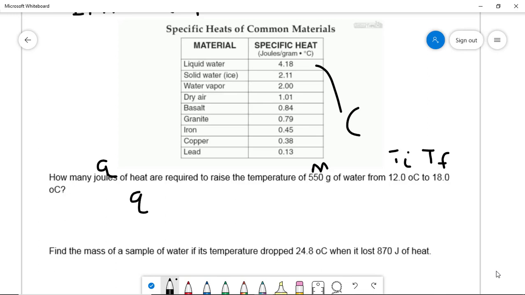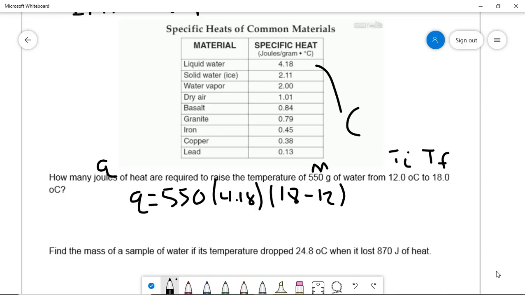So Q equals M C, the specific heat of water, because we're looking at water here, times final minus initial. Then we just plug this into our calculator and easily solve for the answer.